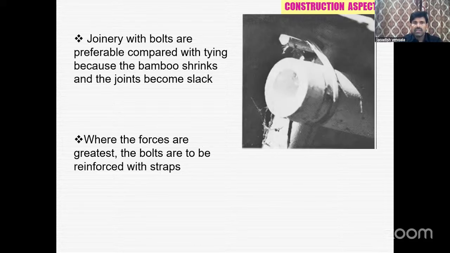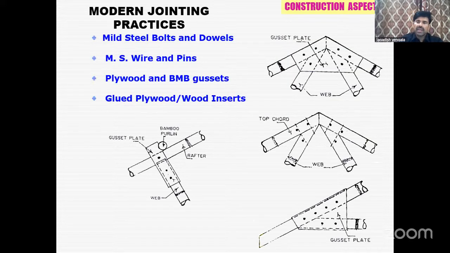Traditional joinery has this problem, hence people started going with nut and bolt and gusset plate methods. When you look at steel structures, a similar gusset plate and nut and bolt mechanism can be used here to connect various members.